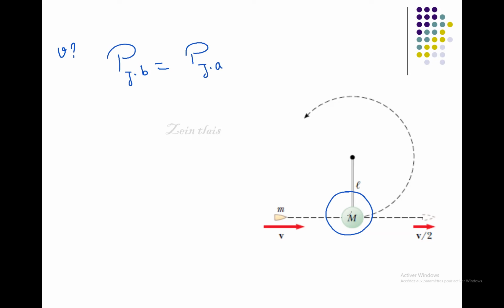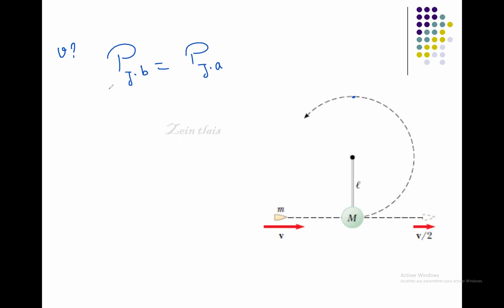This is about the collision. After the collision, we can take the pendulum between this point and this point, and apply the conservation of mechanical energy to calculate at this point.